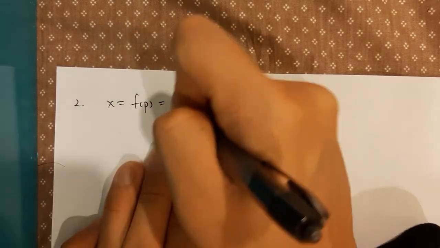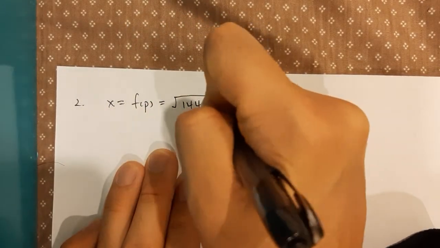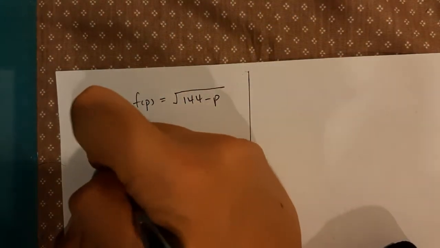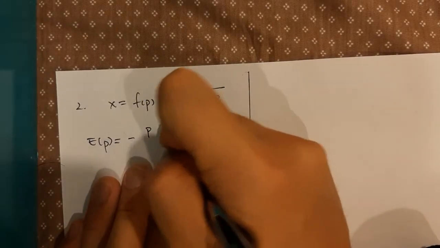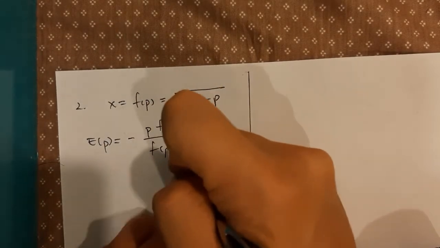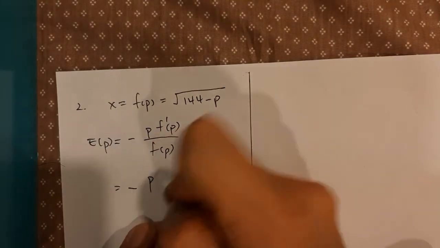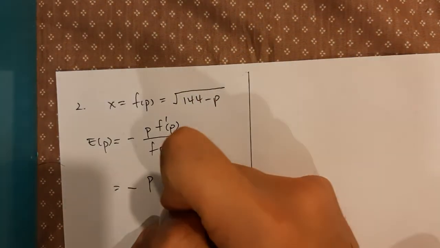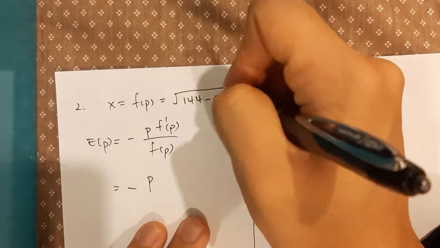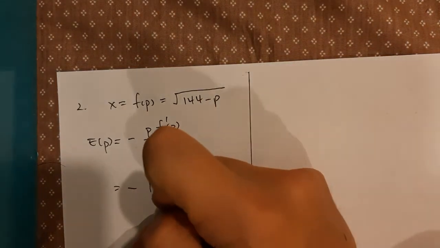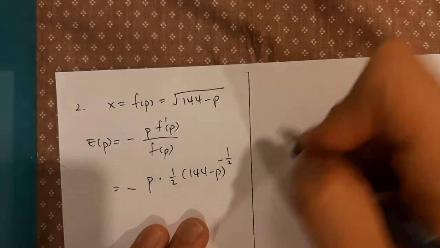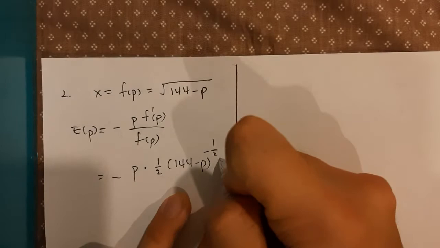We have X equals f of P equals the square root of 144 minus P. So we need to get E of P. That's negative P f prime of P over f of P. You have negative P. Take the derivative of this. You can rewrite it as 144 minus P to the 1/2. So that will give you a 1/2, 144 minus P to the negative 1/2, and then using the chain rule, we also have a negative 1.